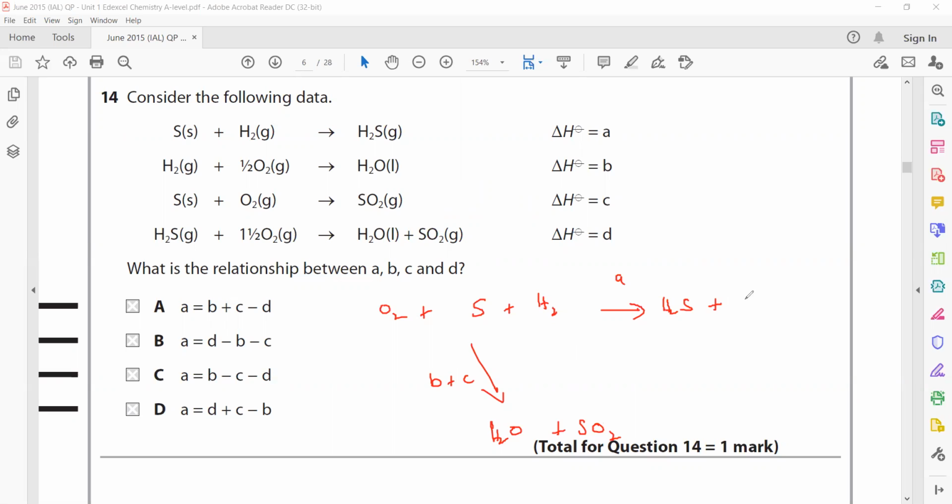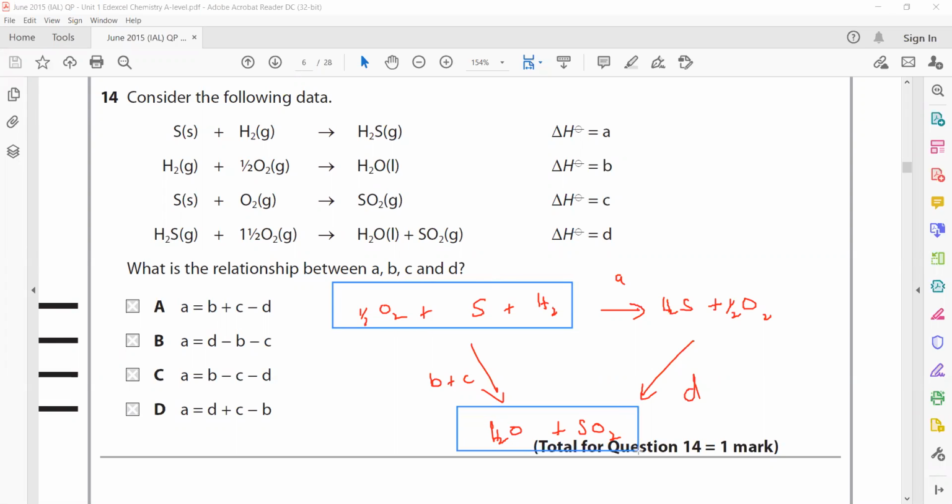And when hydrogen sulfide reacts with oxygen, it forms water and sulfur dioxide. So this is D. Where the two arrows are pointing out, that is the start of the cycle, and where the two arrows are pointing in, that is the end of the cycle.